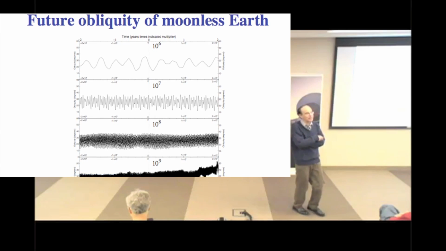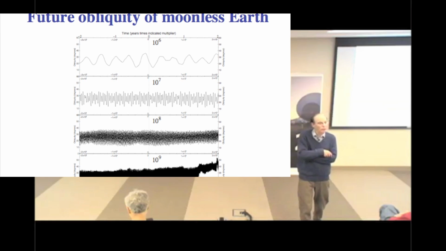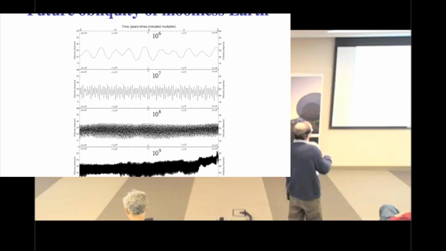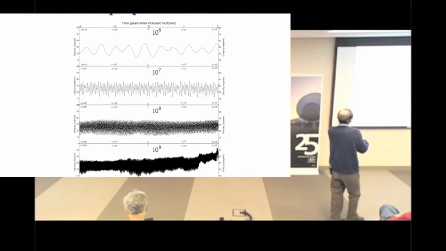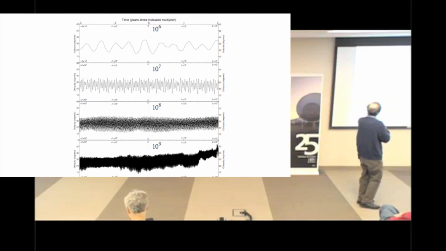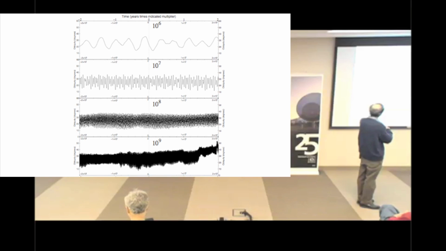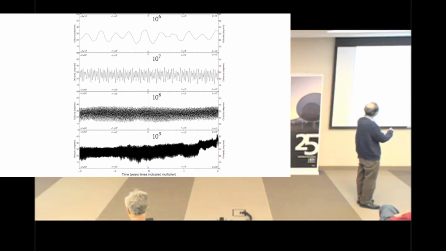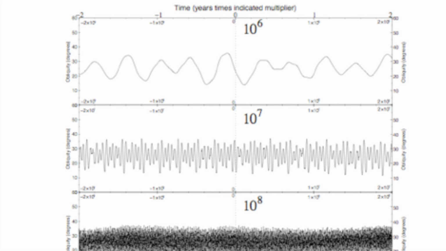Now, we've run our code on Earth. This is for million-year timescales, back 2 million years into the past and forward 2 million years into the future, and we see, not surprisingly, it going down to around 15 degrees and up to maybe 35, 36.